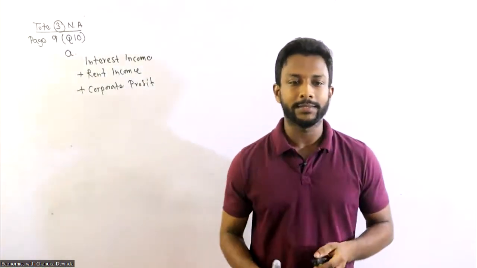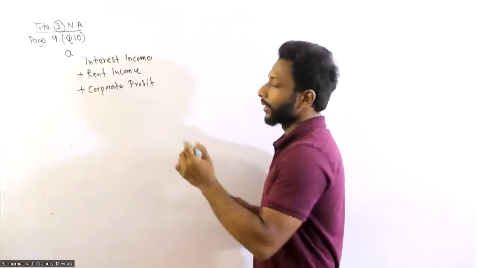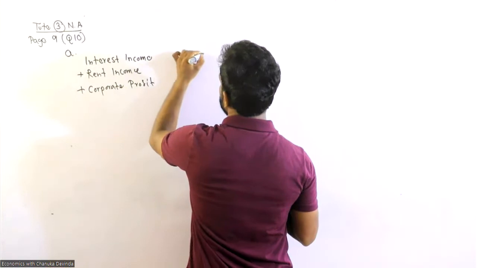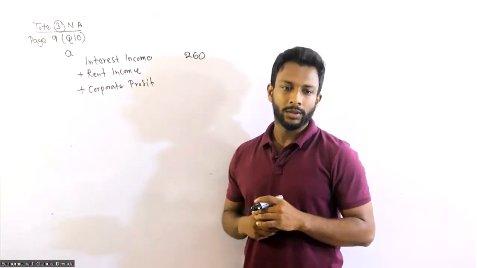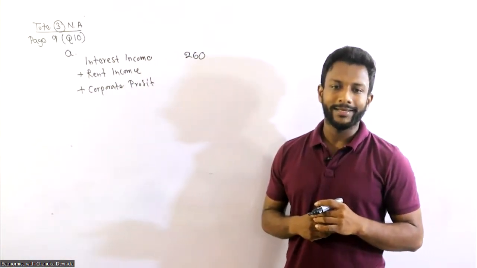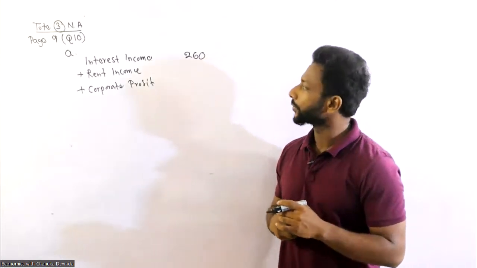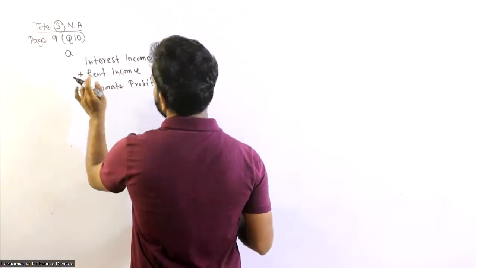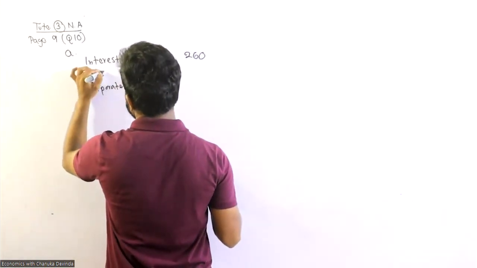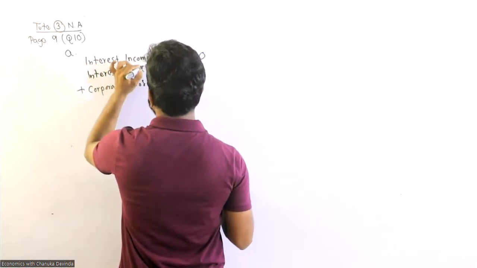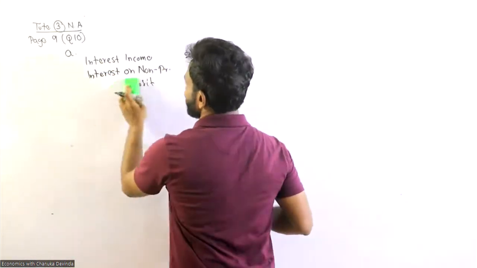Yes, interest income is there. How much? It is 260. 260 interest income plus rent income. Is there any rent income? No, rent income is not there. But interest on non-produced assets is also there, so we have to include that as well.